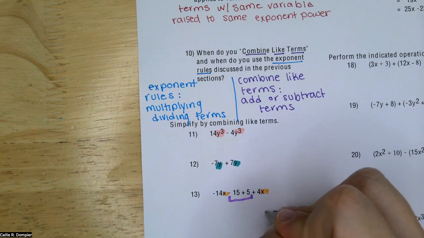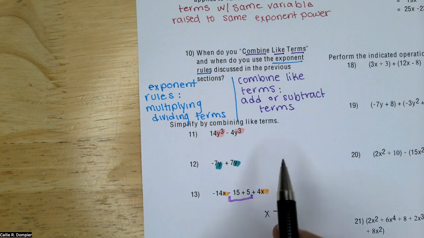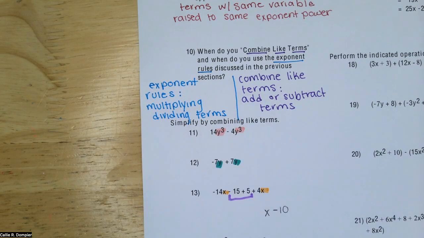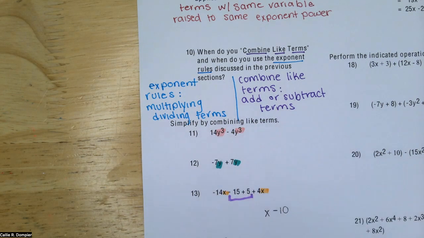Combine like terms the exact same way. You keep the like term, so it's going to be an x, and then you combine the negative 14 and the 4. Remember, you're only adding or subtracting. You're not multiplying or dividing when we're doing like terms with polynomials, okay? So we have negative 14 and 4, just like the negative 15 and 5.